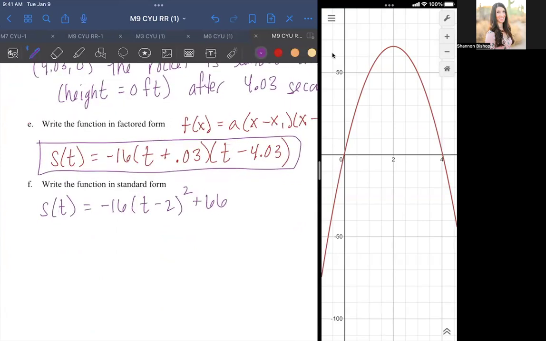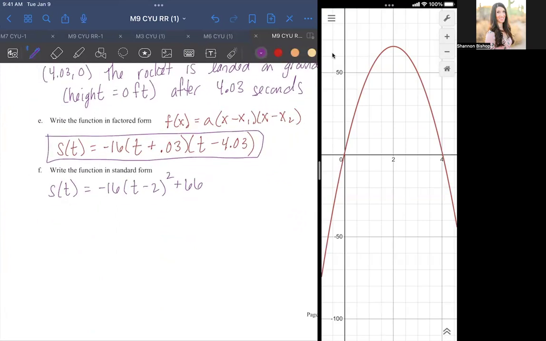Now, when you get ready to distribute this out, the first thing you have to acknowledge is you have a quantity squared. And as far as the order of operations is concerned, that needs to be acknowledged right away. So we have the negative 16, t minus 2 being squared, which means to times it by itself. Now, after this, you have options.